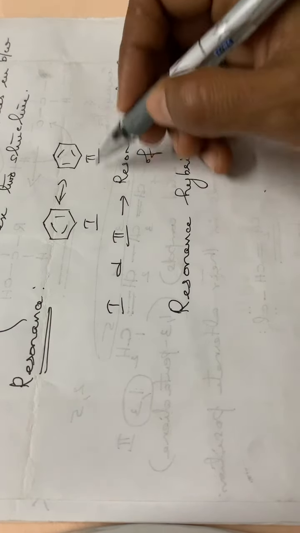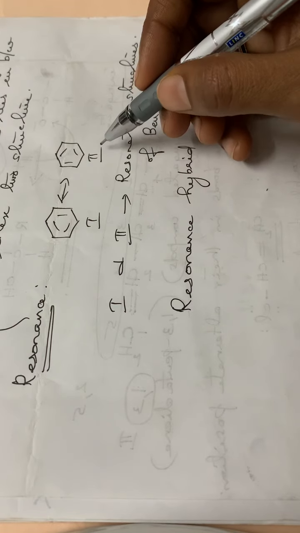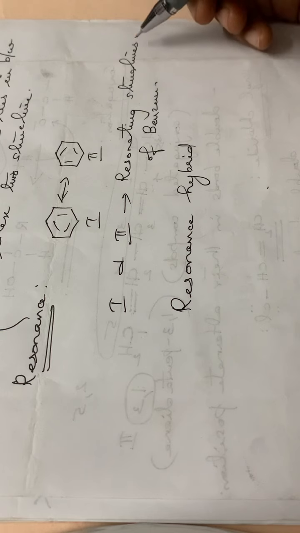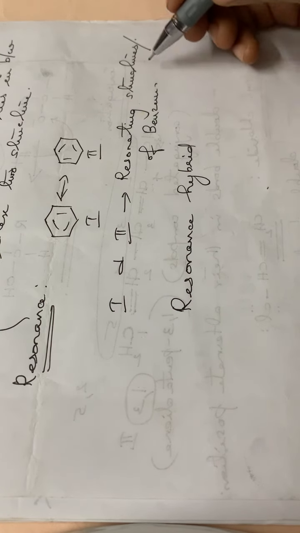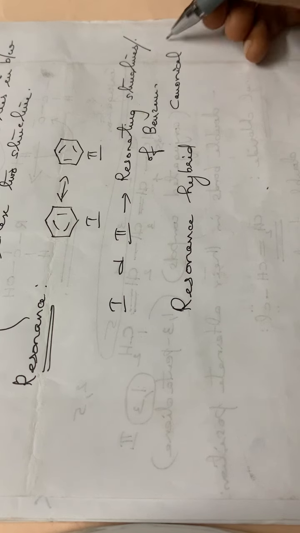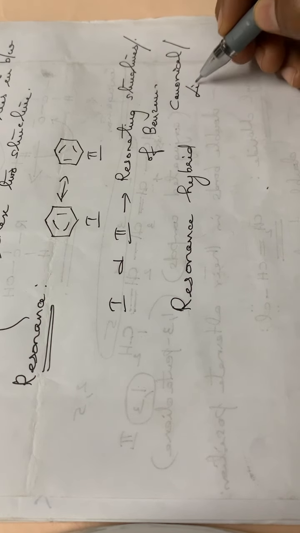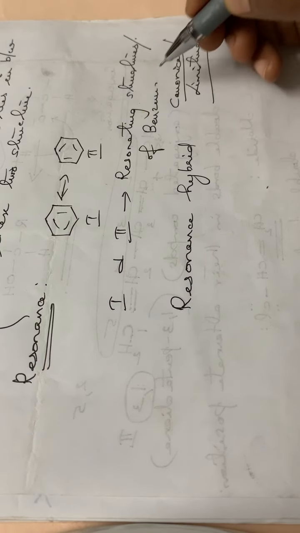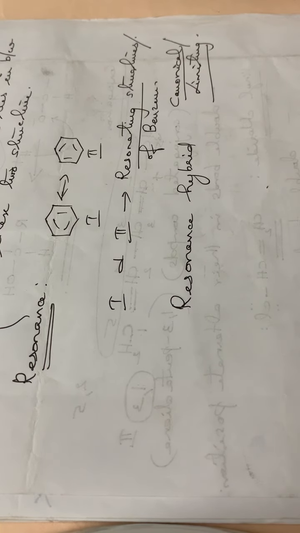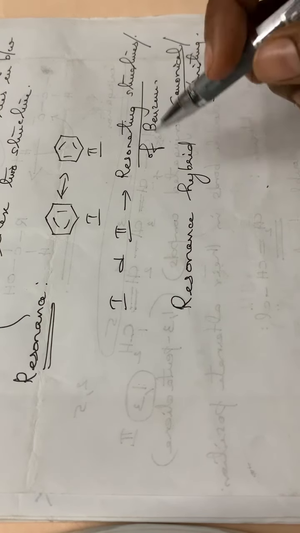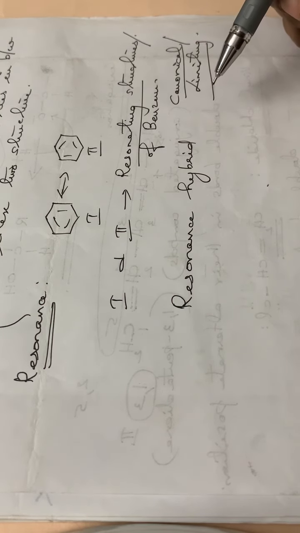And here we had got two structures, 1 and 2, and we can call them the resonating structures of benzene, or the other name is canonical structures. Resonating or canonical or limiting structures. So these are the three terms involved. They form the resonance hybrid of this particular compound.